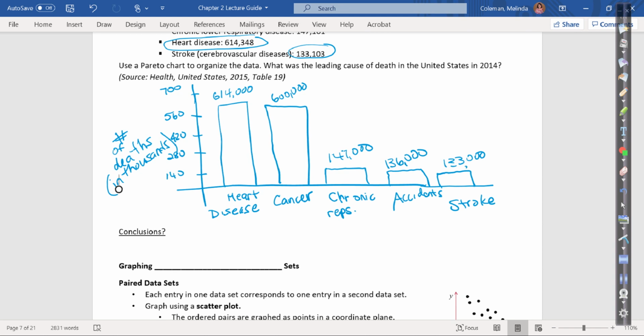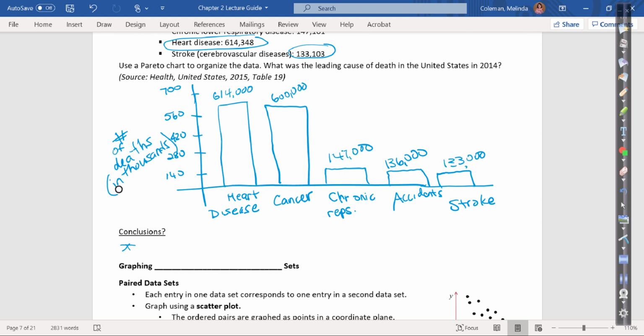You can say that more people die of heart disease and cancer than all other deaths. Truthfully, more people die of heart disease than everything else combined, just about. Well, cancer is 3 times as much. So there's a lot of conclusions that you can draw here.